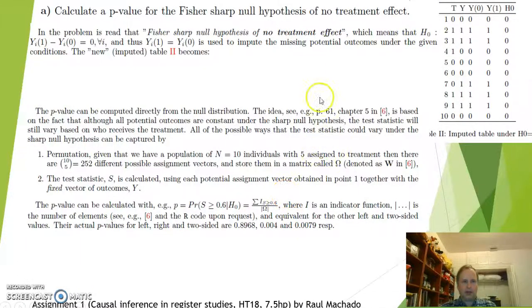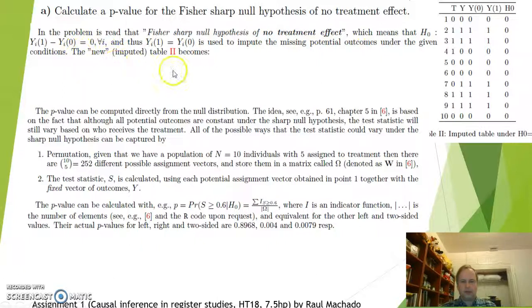Now, how to get the p-value for the Fisher sharp null hypothesis of no treatment effect. In the problem, it is a Fisher sharp null hypothesis of no treatment effect, which means that the difference has to be 0, and thus the treatment and the control are used to impute the missing potential outcome under the given condition.